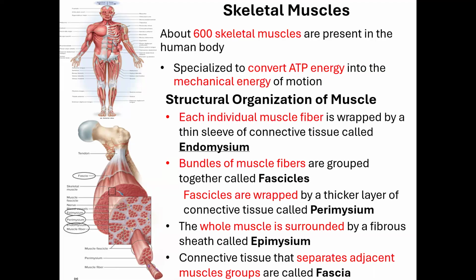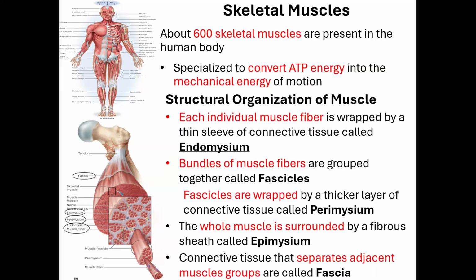We're talking about this tiny little thing here, not the whole thing, the one single muscle fiber, which is a muscle cell. That's a cell of a muscle. It's called a muscle fiber, okay? And there are thousands of muscle fibers in a muscle.